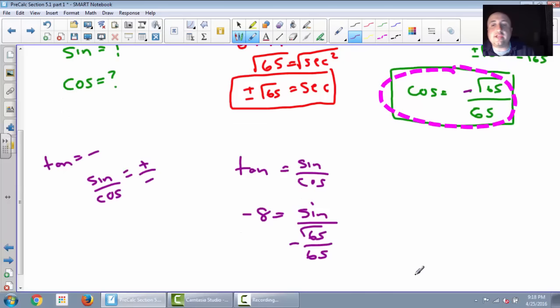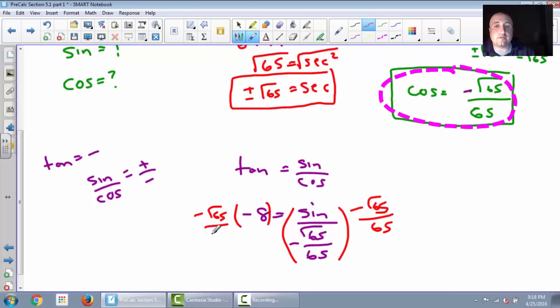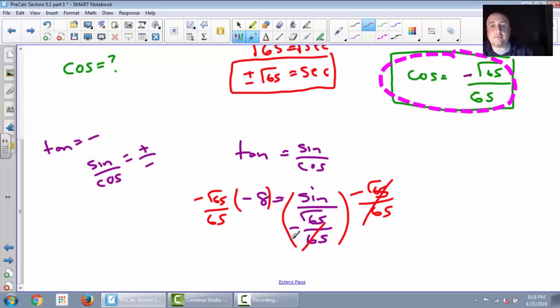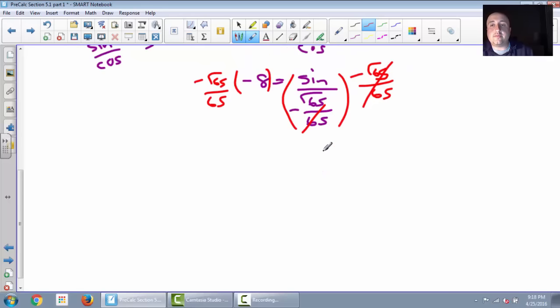Now we can use our simple algebra skills to figure out what sine is. How do I get rid of division by √65 over 65? I'm going to multiply both sides by negative √65 over 65. That cancels, and I'm left with sine is equal to, I'm going to put this over 1, and multiply straight across.